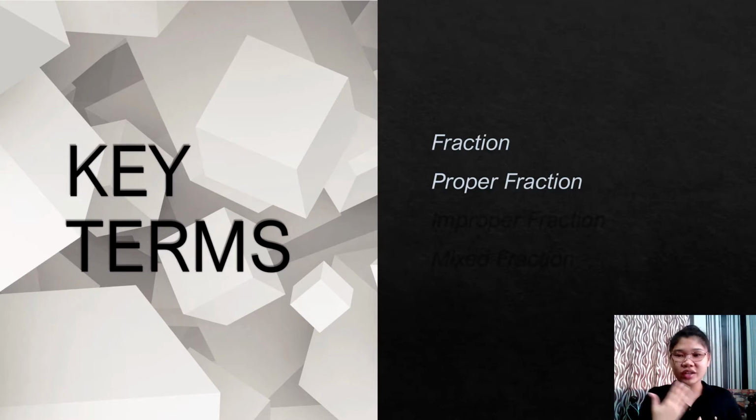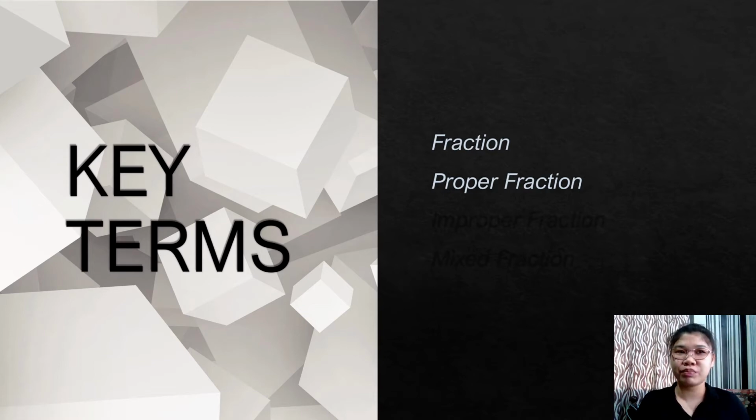So if I ate one slice, that means I ate 1 over 8 of the entire pizza, meaning that represents a fraction. Or this whole in a proper fraction may be a group of objects or a group of persons. So we have, for example, 25 students, and then 5 of them are girls, like that.